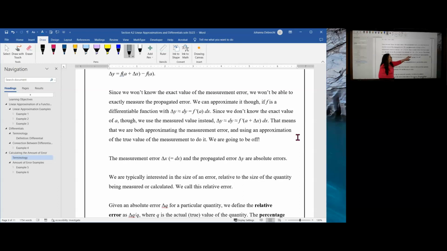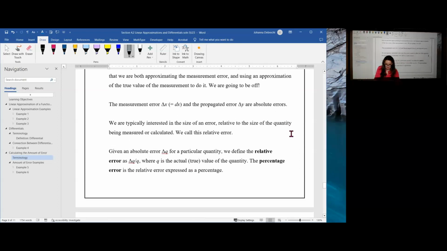So if we want to measure delta y, which is approximately dy, change in y in the tangent line, we're going to actually compute the derivative at the measured value, A plus delta x, times dx. It's not right at A where it should be, but we don't know what the true value is. So we're both approximating the measurement error and using an approximation of the true value to do it. We're going to be off.